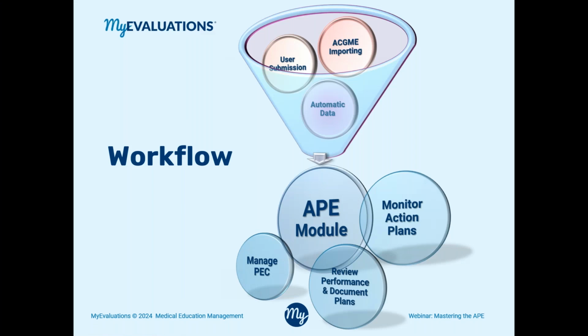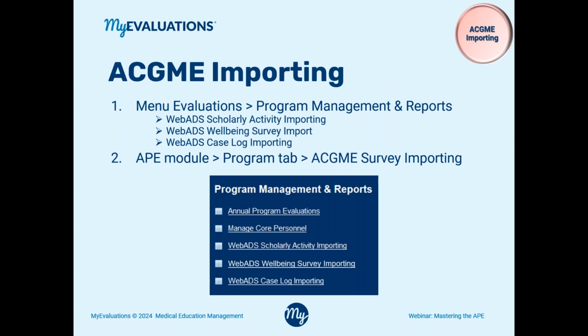So in terms of the ACGME data importing, you have a couple of ways of importing that data. From the menu option evaluations, under program management and reports, you have access to importing scholarly activities, well-being survey data, and case logs, as well as importing the survey results.